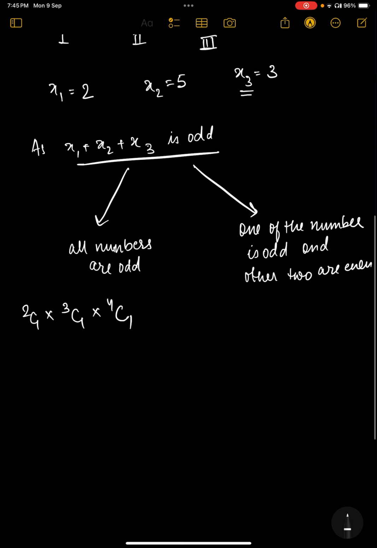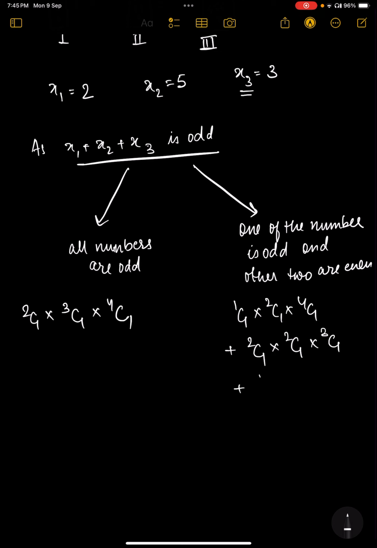For the second condition, we can select one even card from the first box and two odd cards from the second box, or we can select an odd card from the first box, an odd card from the second box, and an even card from the third box.